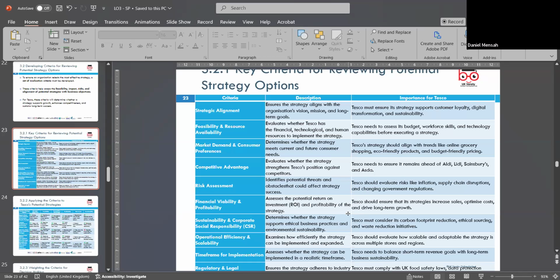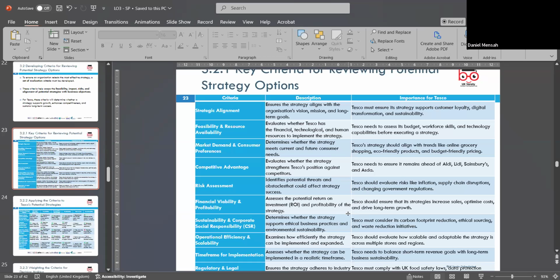Then financial viability and profitability is a very important element. If you are making an investment decision, you need to check what kind of return you are going to gain and what your profit margin will be. Cost and expenditure is another element you need to consider.